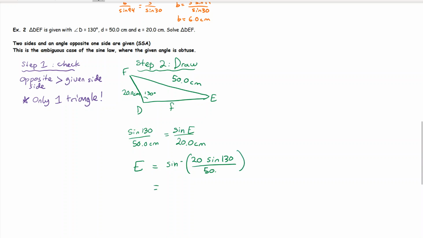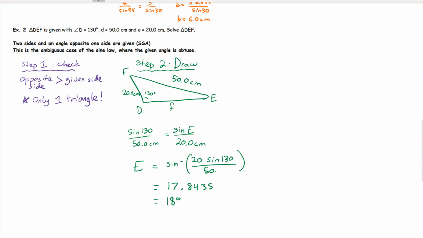So when I plug all of this into my calculator, I'm going to say the inverse sine of 20 sine 130 divided by 50 equals, turns out it equals 17.8435 degrees, right? I'm going to round this to the nearest degree here and just say that's equal to 18 degrees.